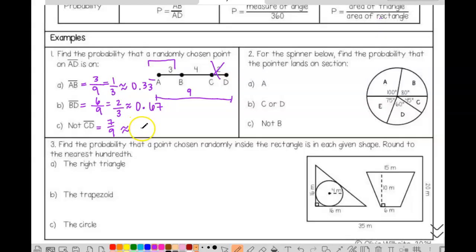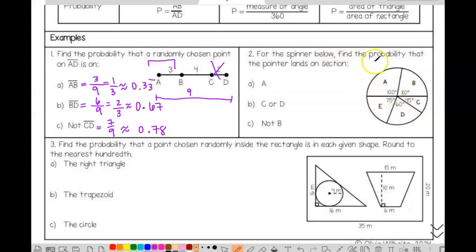So 0.78. All right, everybody good on length? Yes? Okay, let's move on to the angles.